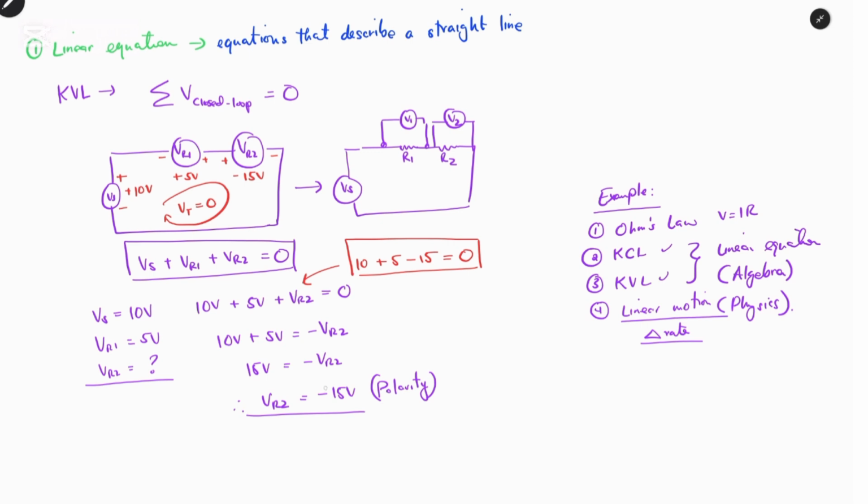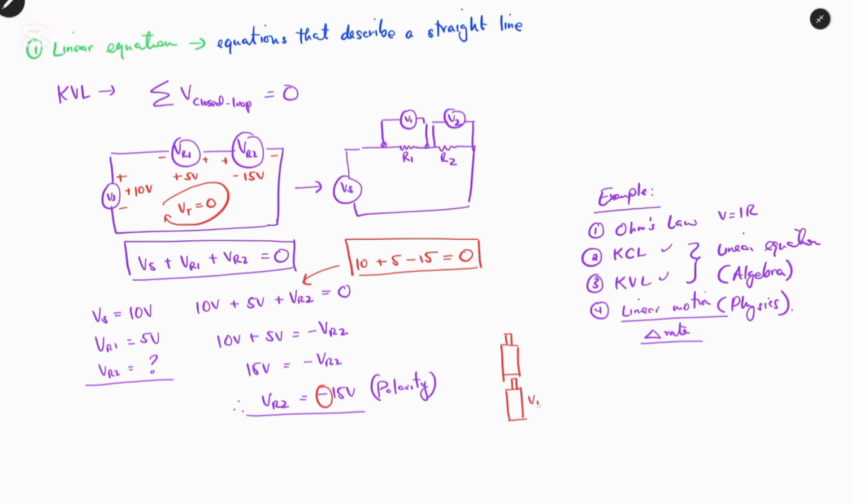So the change in polarity is all about the change in the arrangement of the connection of the voltage source. Imagine you have a battery which is connected like this and connected like this.